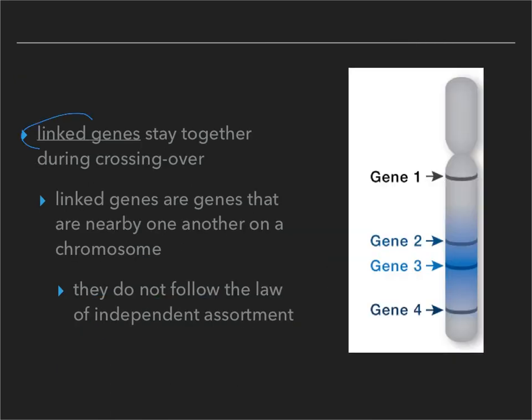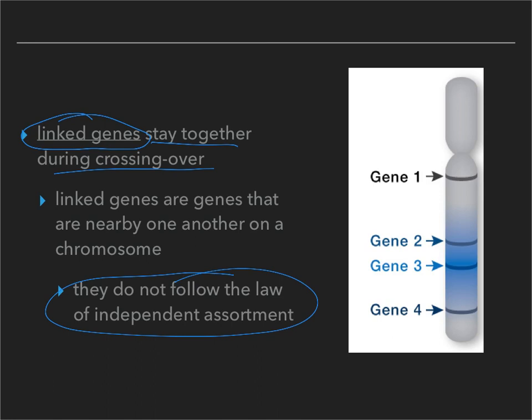Linked genes are a little bit different. These are going to stay together during crossing over, because they're very close to one another on the chromosome. Since they're nearby, they're less likely to separate. They'll get inherited together, even in crossing over, and they don't follow the law of independent assortment, where they sort independently of one another.